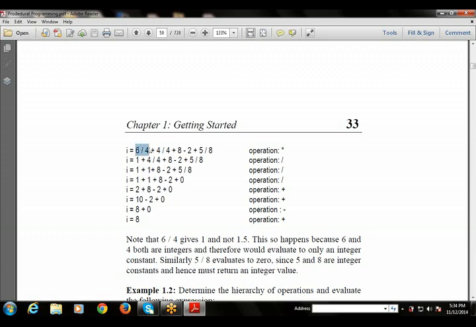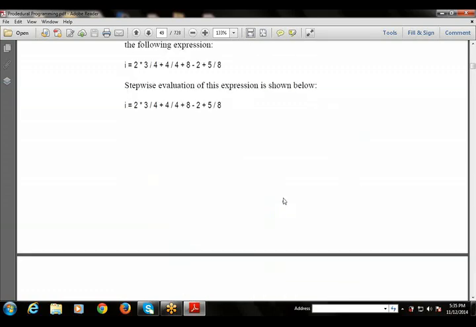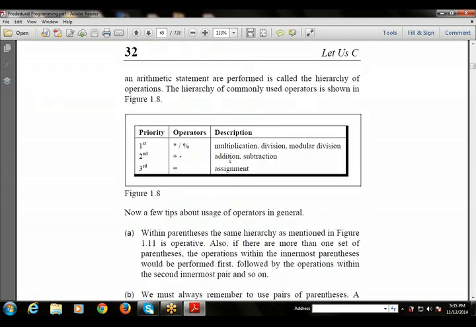Then the next divide operator will be used, that is 4 divided by 4, which is 1. Then 5 divided by 8: whenever we divide the smaller number by the larger number, the integer output is 0. So this is 1 plus 1 plus 8 minus 2 plus 0. Now the next priority is addition and subtraction.